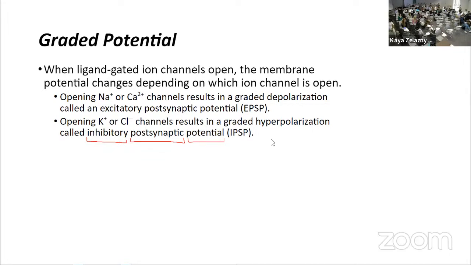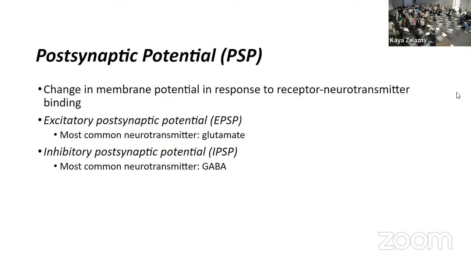Okay. So when we are thinking about these postsynaptic potentials, these PSPs, either EPSP or IPSP, we're focusing on when that postsynaptic neuron receives a neurotransmitter, right? So it has its receptor, it's catching the neurotransmitter that's been released by our presynaptic neuron.